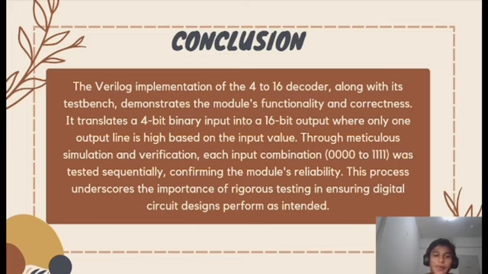Through meticulous simulation and verification, each input combination from 0000 to 1111 was tested sequentially, confirming the module's reliability. This process underscores the importance of rigorous testing in digital circuit design.